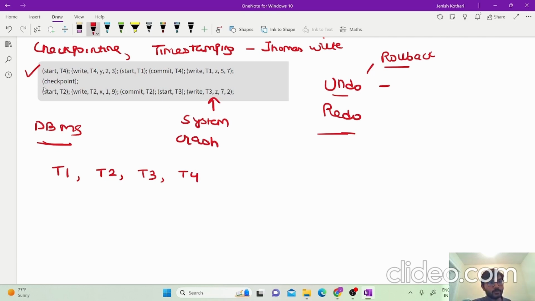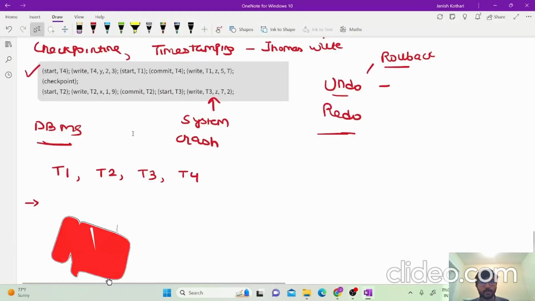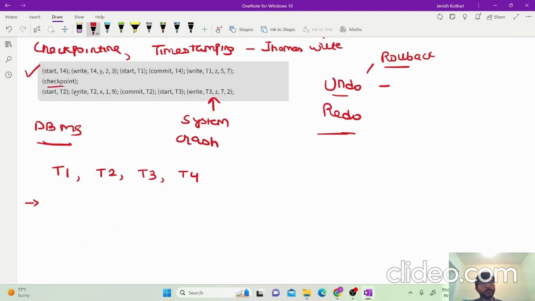If you are not aware of the checkpointing rules, I would recommend you read from a textbook. I will add in the description where to read it. The basic idea is that we first identify the checkpoint, and then identify which transactions have committed before the checkpoint.